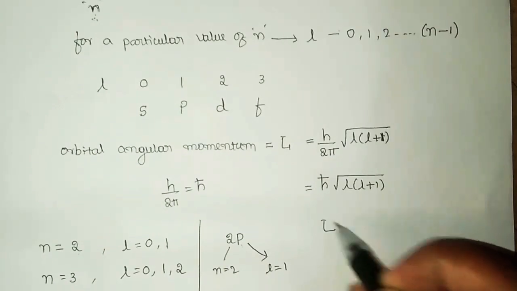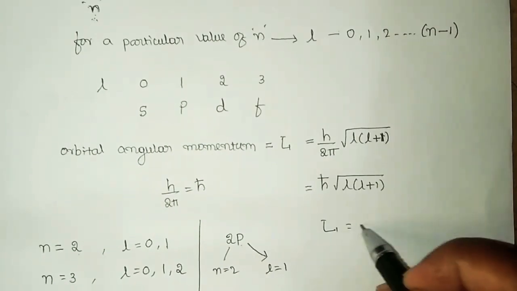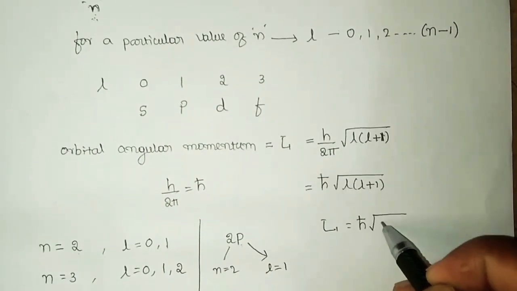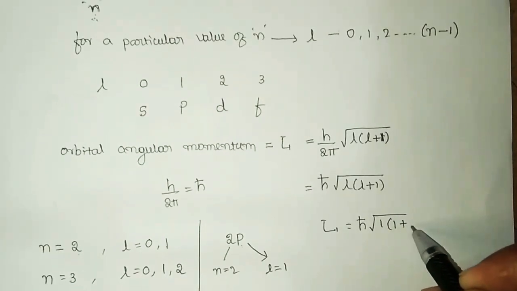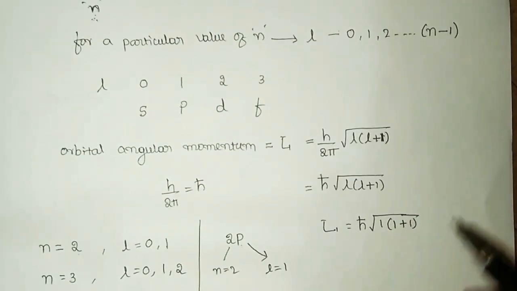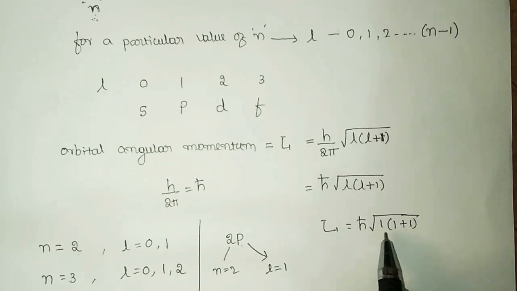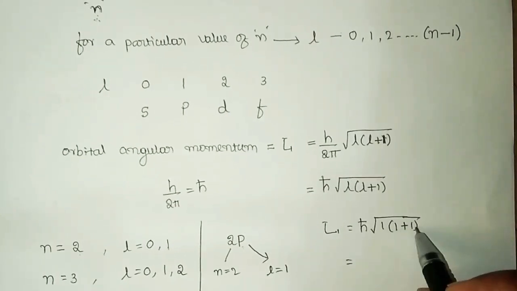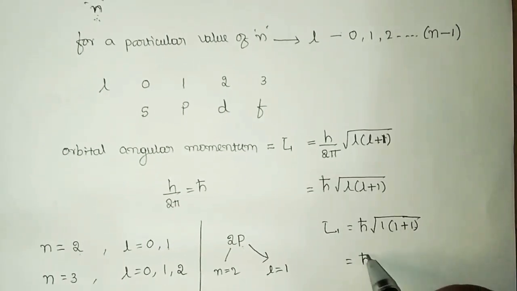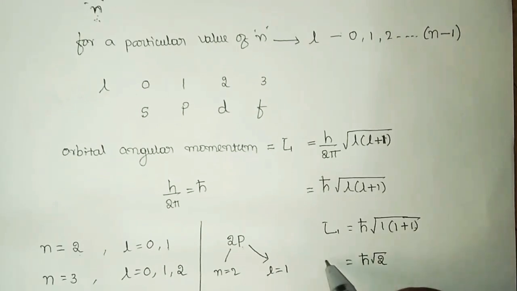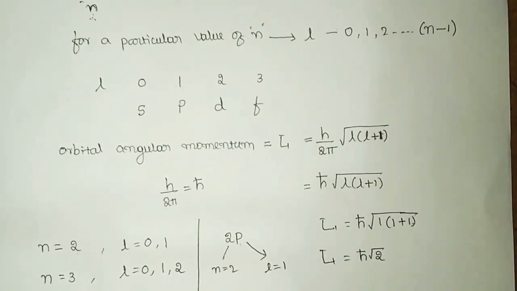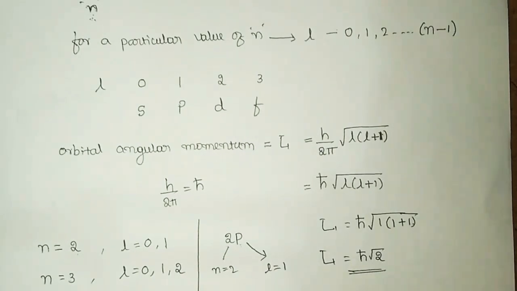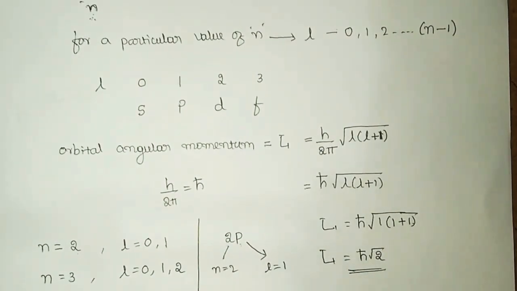So we can calculate the total angular momentum, that is h cross into square root of 1 into 1 plus 1. It will be 1 plus 1 equals 2. So h cross into root 2, that is the value of the orbital angular momentum of the 2p orbital.